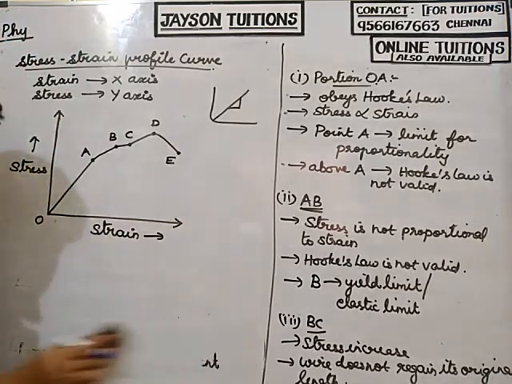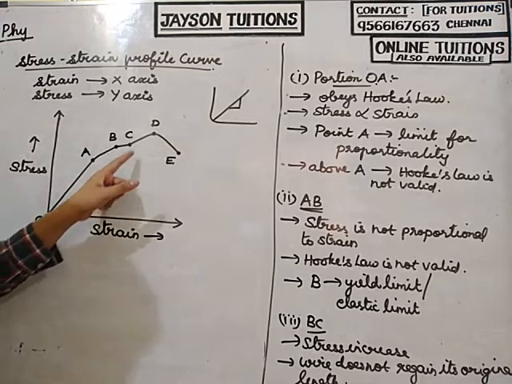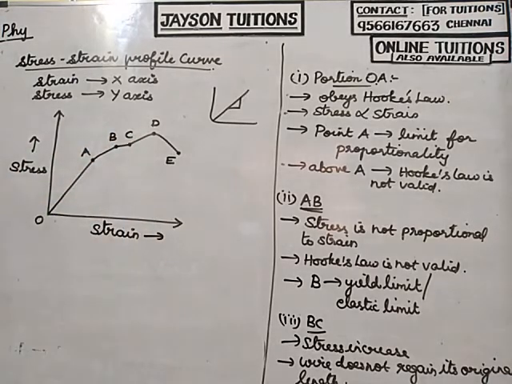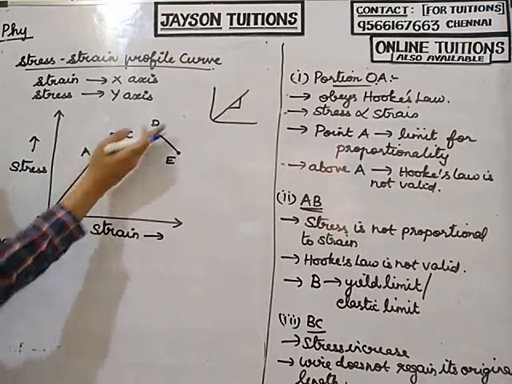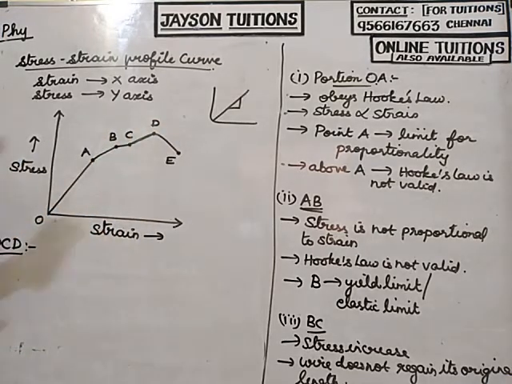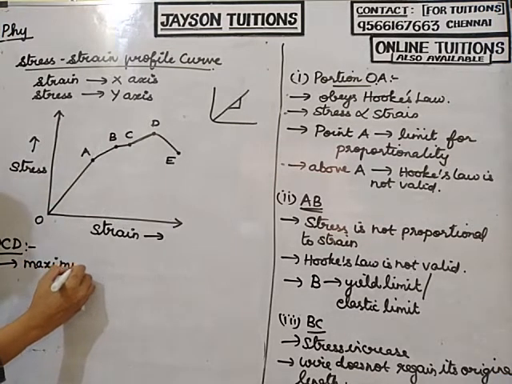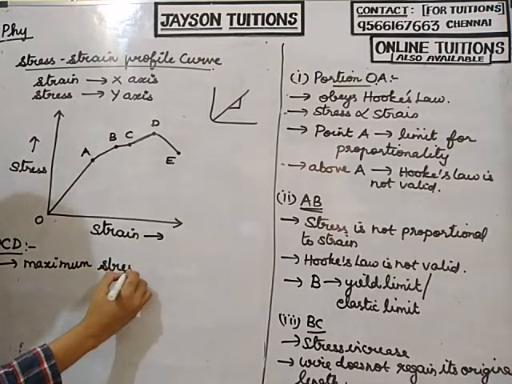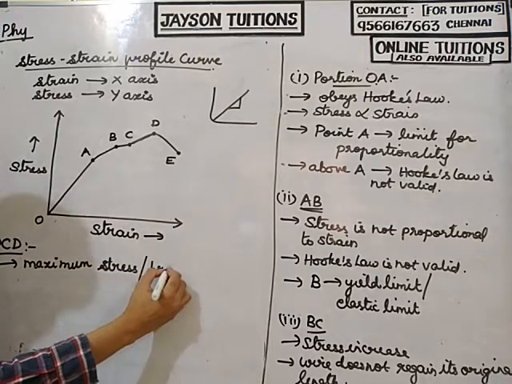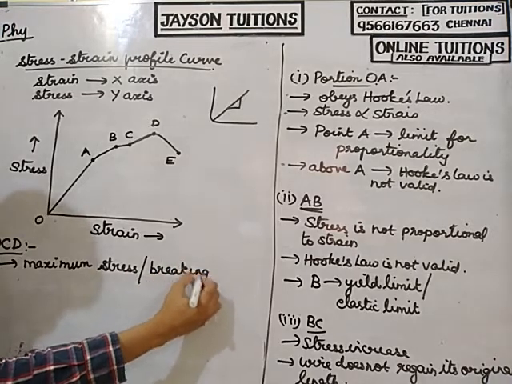Now the next one is portion CD. In this portion CD, you can see the graph is again taking a hike. This means that in this portion the maximum stress, or the breaking stress, is applied.